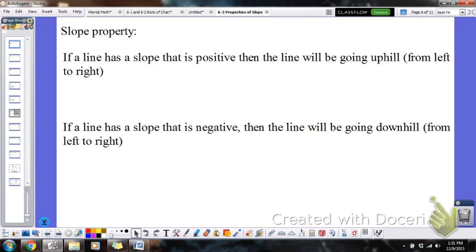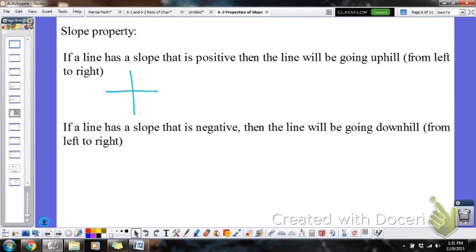So, ladies and gentlemen, this can give us a couple properties of slope. And that is, if a line has a slope that is positive, then the line will be going uphill. And you saw that in the last example. We have positive slopes, and the line was going uphill from left to right. So a line with a positive slope is going to look something like this.